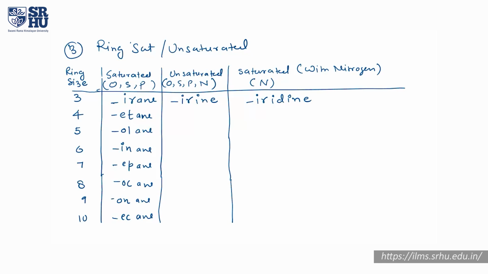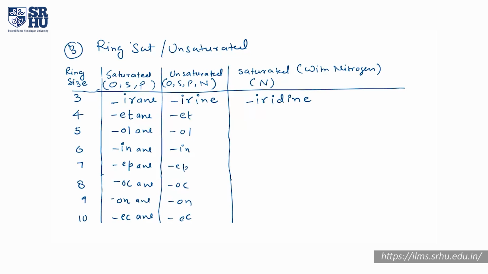Again, if it is unsaturated, then you have to repeat the same name with the number. It starts with the same stems: et, ol, in, ep, oc, on and ec. And now you have to add irene for the 3-membered ring.